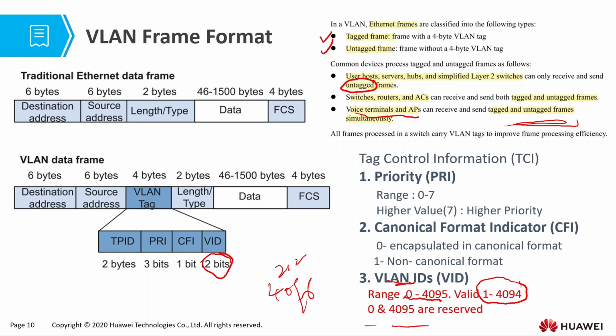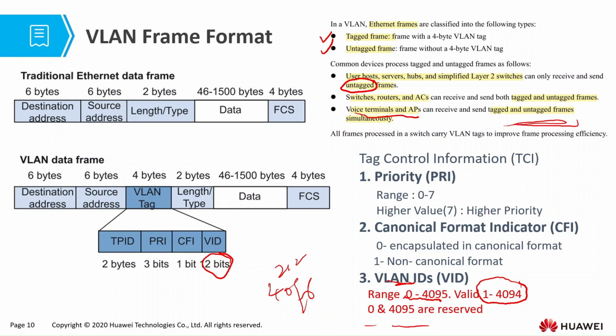The next thing we will understand is how the switch and the host process VLAN implementation. Just like I said, most of the time when your PC sends to a switch, or sends to an end device like a user host, server, hub, or simplified Layer 2 switch, it is an untagged frame.